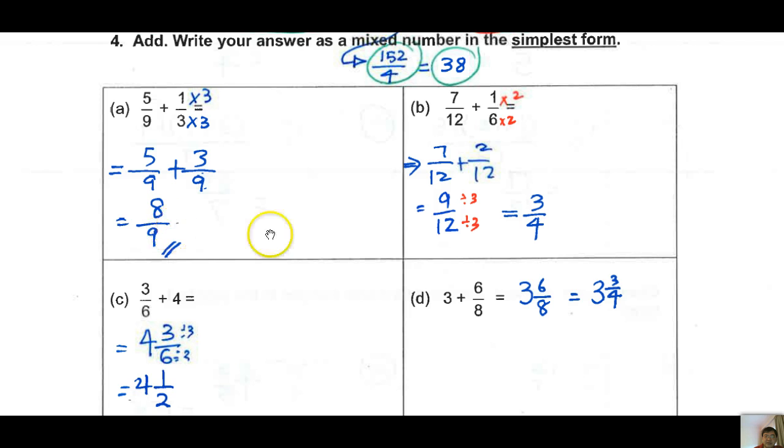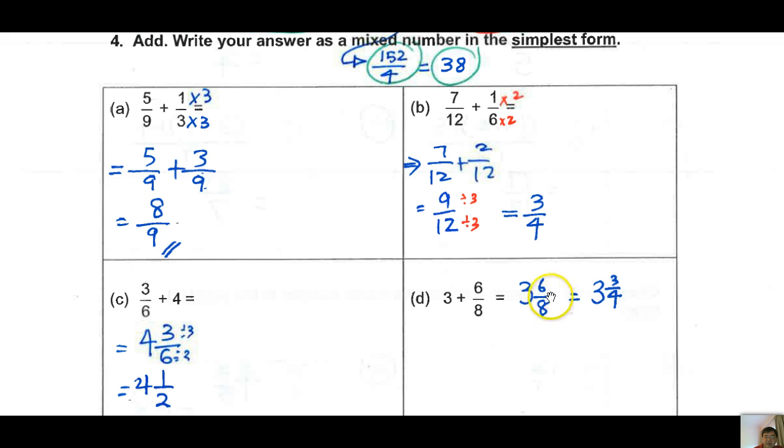Now let's take a look. This one is very straightforward. 3 plus 6 over 8 is 3 and 6 over 8. Now most of the workout will be like this. They require you to give the simplest form. So for 6 over 8, there is a common factor. The common factor is 2.